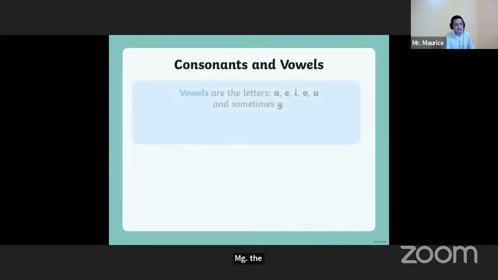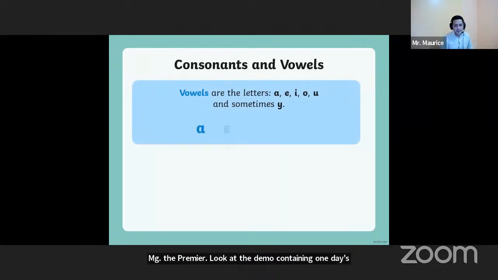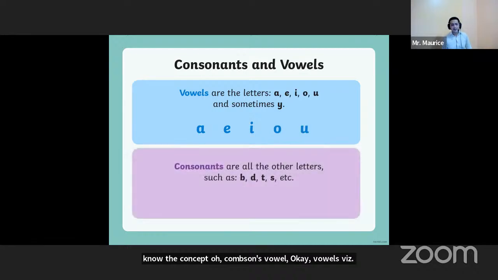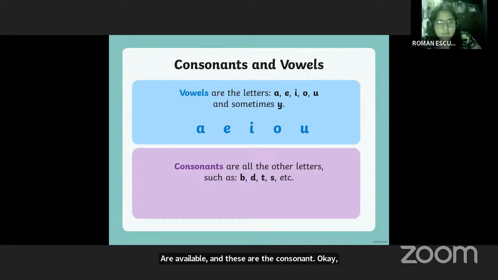Lo primero que tenemos que tener en cuenta es consonants and vowels. It's pretty important to understand this. You already know the concept. Consonants, vowels. Okay, these are the vowels, and these are the consonants. Okay, Román Escudero, could you please read this for me? Consonants and vowels.